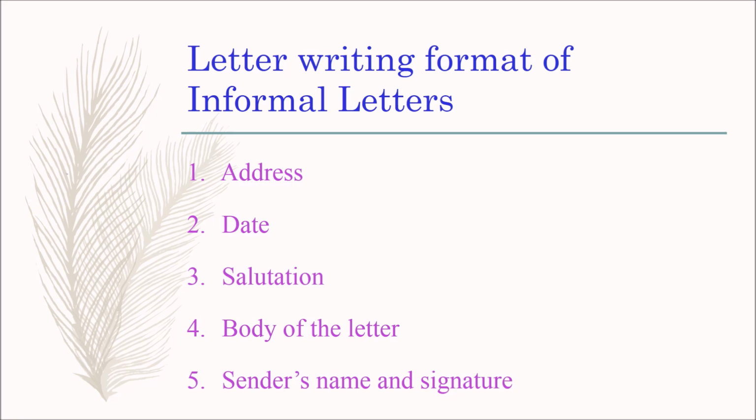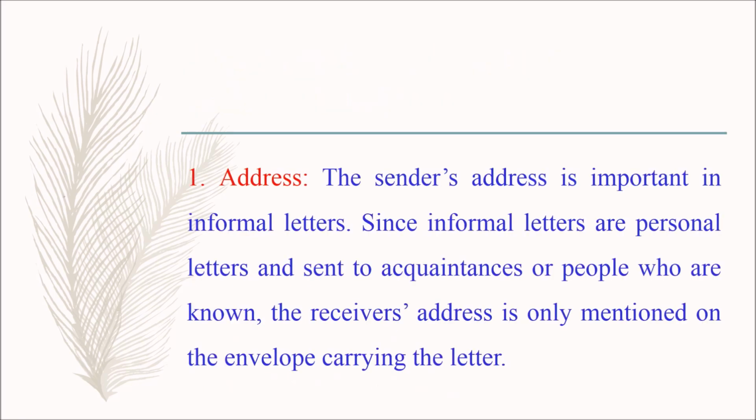Next, we are going to see the letter writing format of informal letters. First, address, date, salutation, body of the letter, sender's name and signature. The first one is address. The sender's address is important in informal letters since informal letters are personal letters and sent to acquaintances.